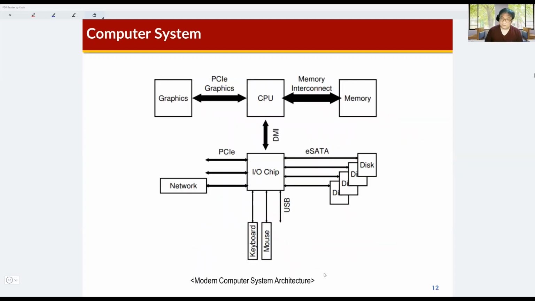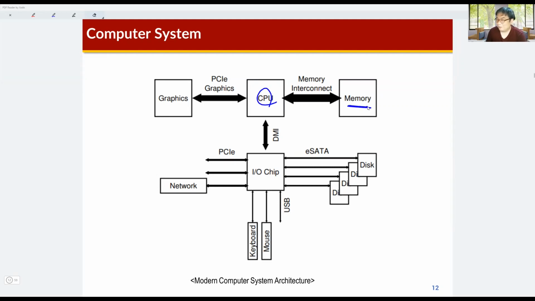And recently, the computer system architecture has also changed, and this figure shows the modern computer system architecture. In this architecture, the CPU is directly connected to the memory.